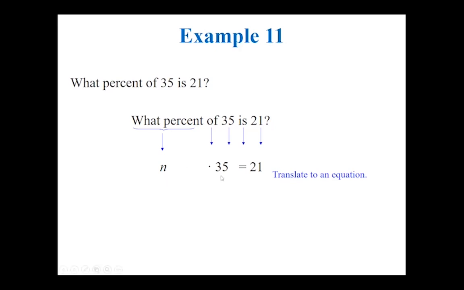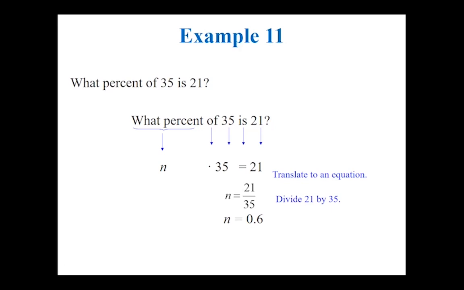We have n times 35 equals 21. We want to undo multiplying by 35 to get the n by itself. We undo multiplying by 35 with dividing by 35. When we divide 21 by 35, we get 0.6.